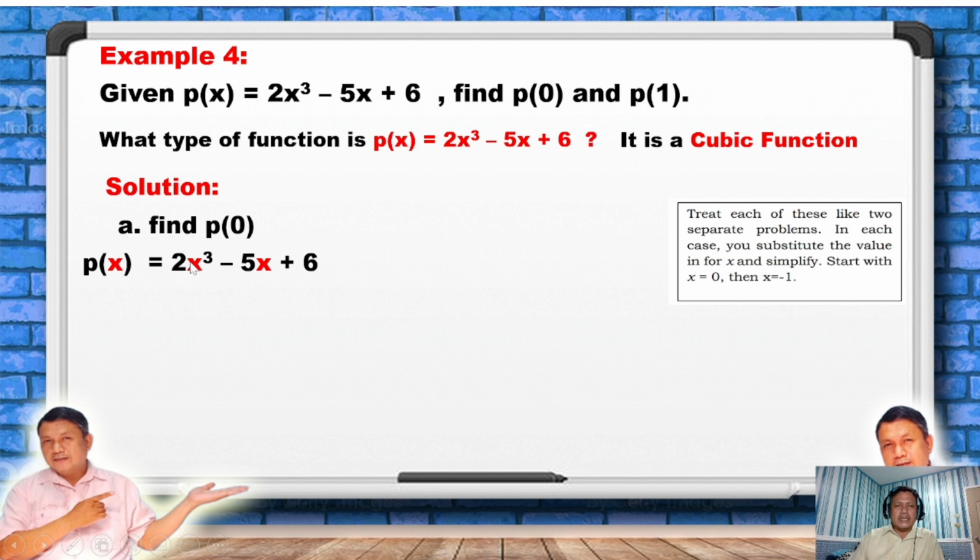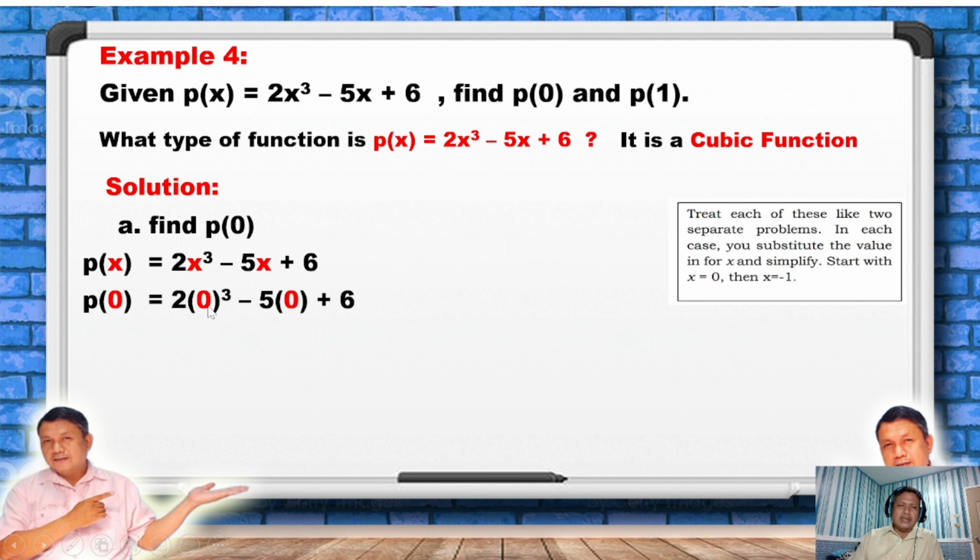So tandaan, para hindi po tayo nalilito, dito sa right side ng ating function, yung x, papalitan mo siya ng may parenthesis, then 0. And therefore, this will become: p of 0 is equal to 2 times quantity 0 raised to the third power minus 5 times 0 plus 6. Okay, so sisimplify na natin ito.